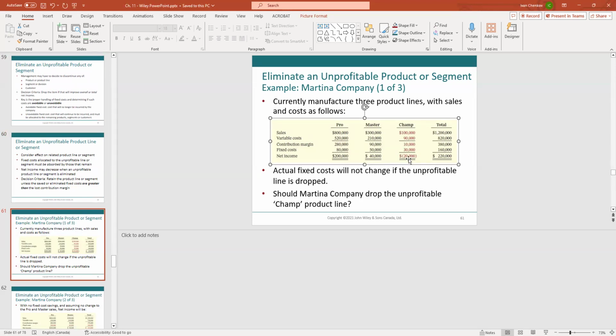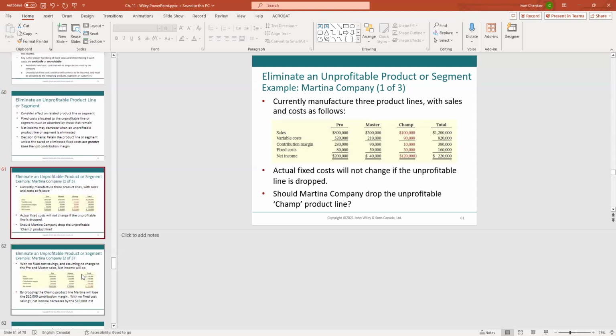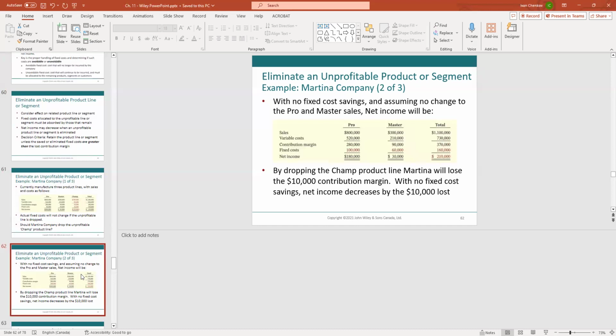So we have to see fixed cost. If we eliminate the champ, can I save the $30,000 fixed cost? No. But I'm going to lose the $10,000 contribution margin. So what's going to happen? I'm going to lose $20,000. So should I eliminate it?